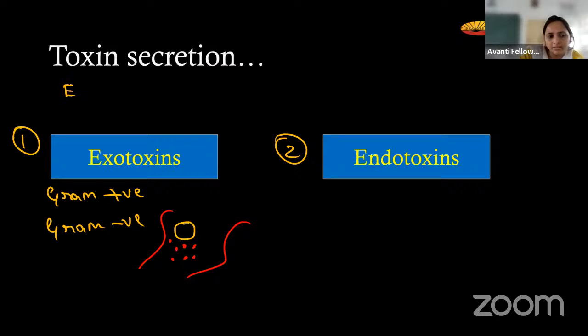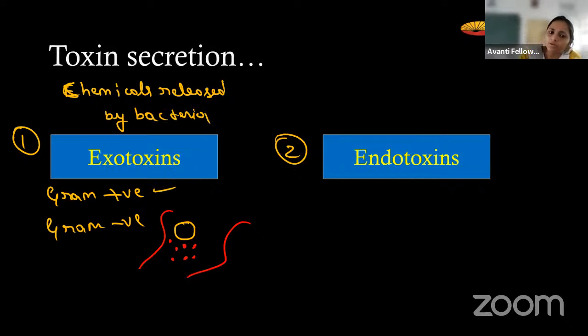Exotoxins are chemicals released by bacteria. Okay. So it is released by both gram-positive bacteria and gram-negative bacteria.